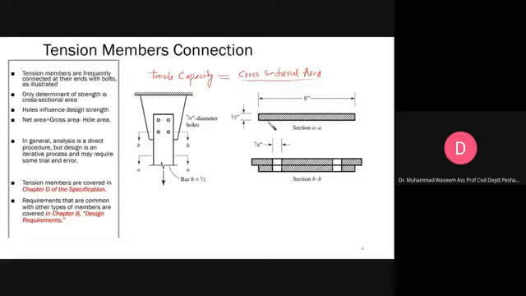We know that whenever we have a tension member or compression member, we have to join this member. For example, you can see in this figure, this is a tension member, this is a bar, or you can assume it as a plate. It is subjected to axial force. This tension member is connected at supports by some bolts. And due to the bolted connection, the cross-sectional area in this region is reduced.